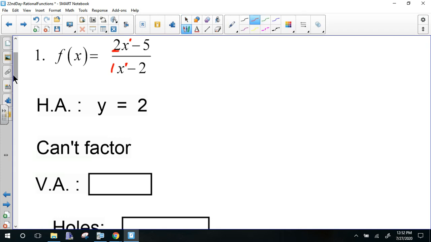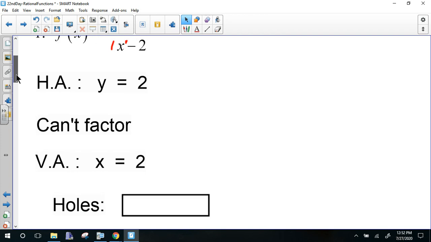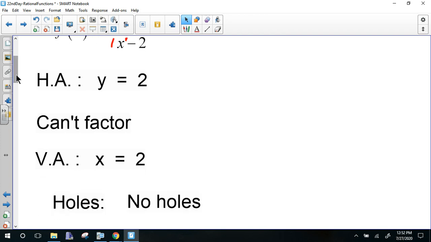We can't factor 2x minus 5 or x minus 2, so we're going to set the denominator equal to 0 and solve, and we get x equals 2. So there's a vertical asymptote at x equals 2. We didn't cancel anything out, so there are no holes in this graph.